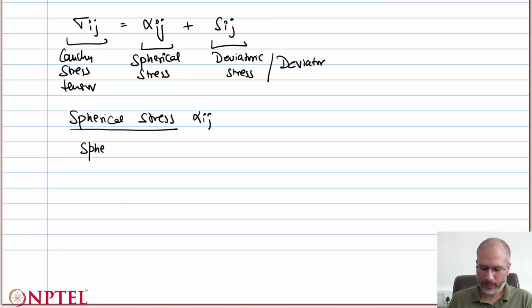So if I write the word spherical, this denotes some sort of a symmetry in all directions. If I write the word isotropic, which we discussed in the mathematics discussion, then that also means directional symmetry.